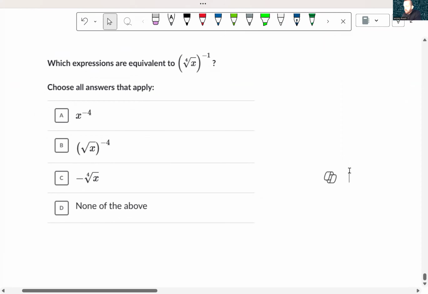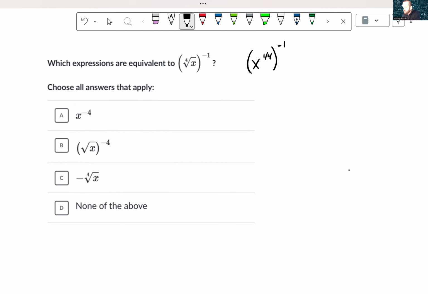All right, so this is the 4th root of x, all raised to the power of -1. So this is going to be x to the 1/4 raised to the -1 power. We're going to just multiply those. That's x to the -1/4. Okay, so not A, that says x to the -4.